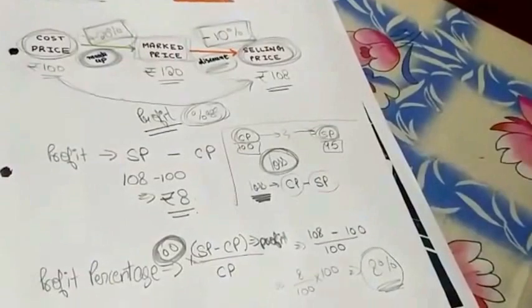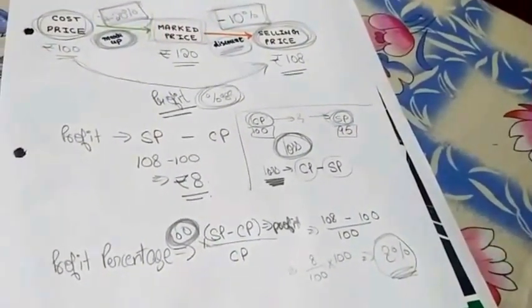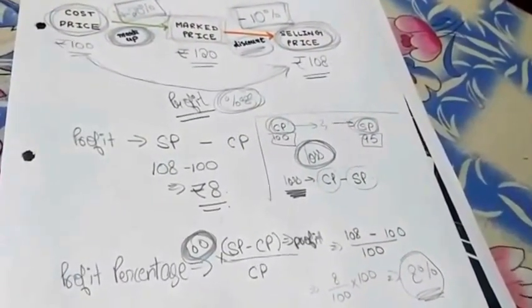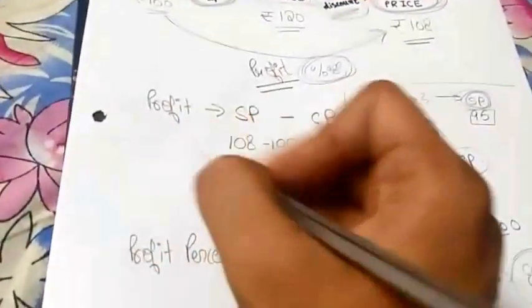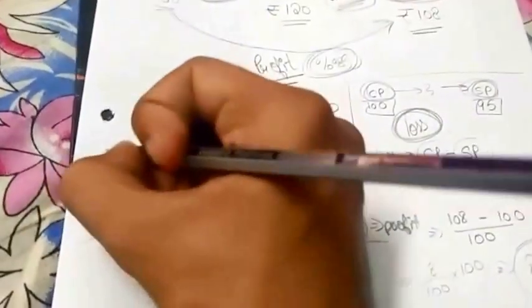So in this very simple example, we calculated that the profit percentage would be 8%. Now I would just like to mention one thing: in real life, sellers actually use a percentage called the margin percentage.